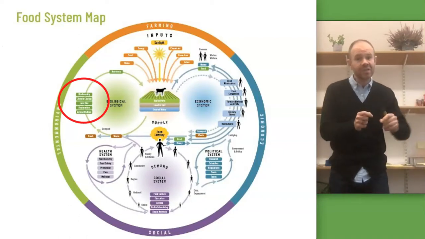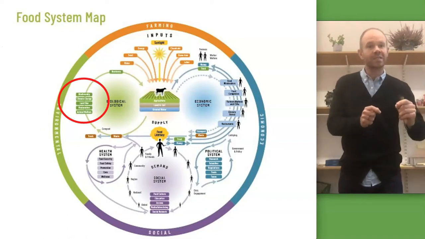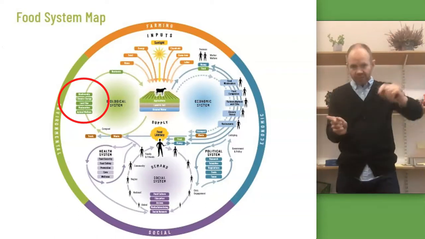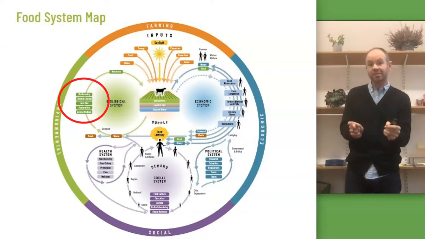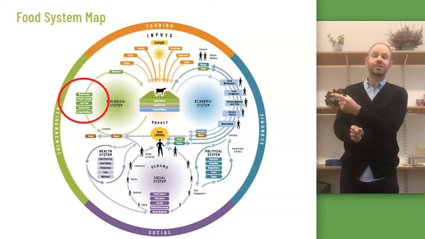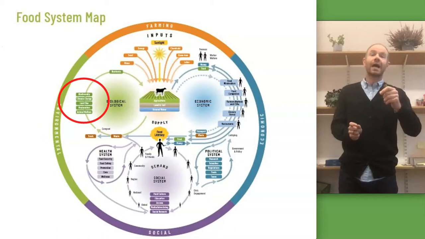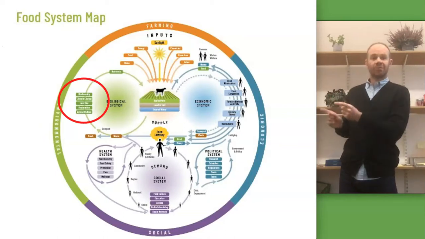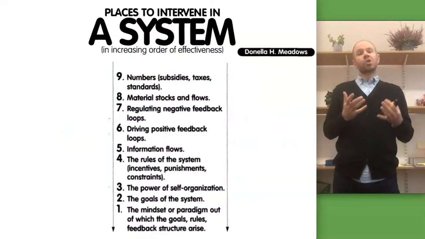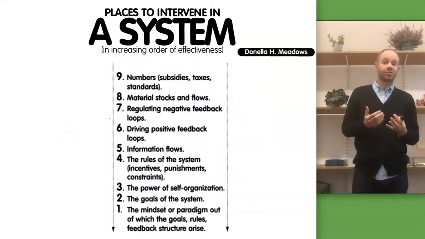And that means changing any one of those pieces is going to change that biological system. If we have a small change in our political system, since that eventually feeds into our biological system, we need to know how much will that change affect our biological system. And this is what Donella Meadows called leverage points, right?